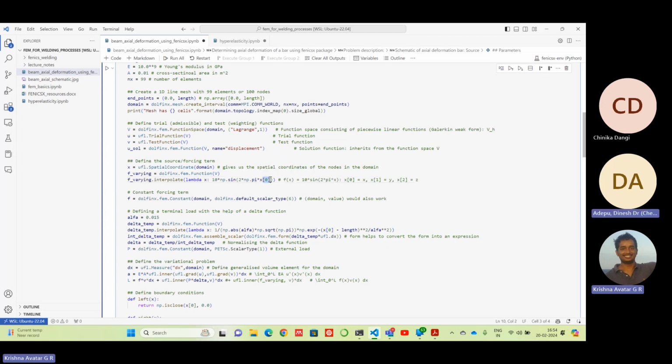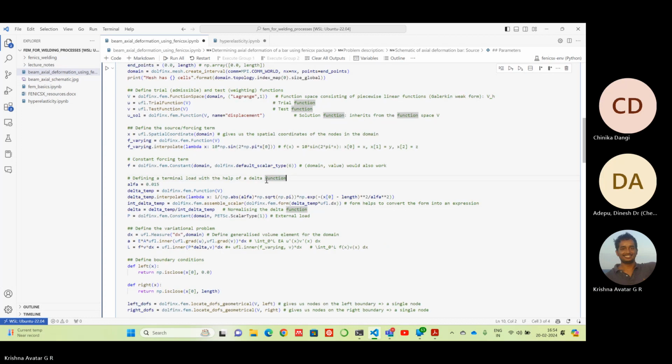That's why you see that everything is in 3D. So once we have defined the forcing function, now we can also have the constant forcing function. This was the variable forcing function.